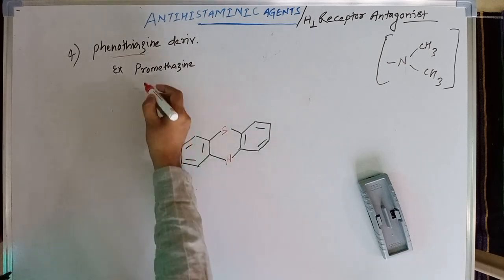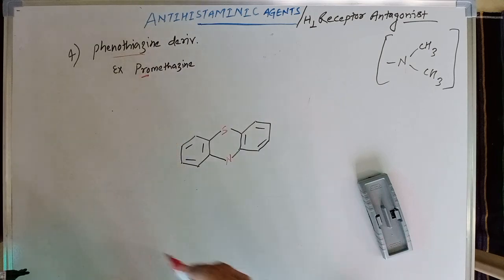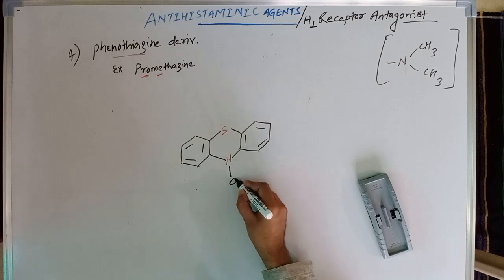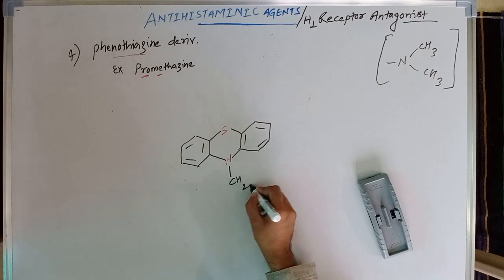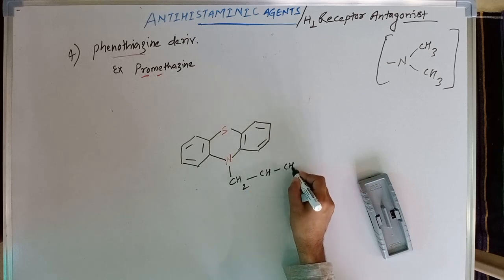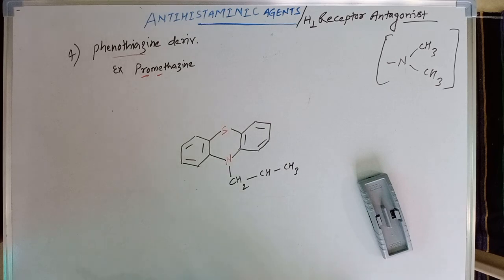Promethazine means there is pro, a 3 carbon structure, and methyl group is also there. So how can we draw the 3 carbon structure? You have to memorize this. The first carbon CH2, the second carbon CH, and the third carbon CH3.